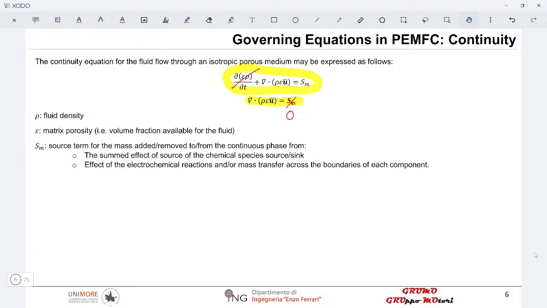Here we assume a source term for the mass, which means that mass can be created or destroyed. And at first glance, this is not a concept that can be accepted easily. I realize this. What does it mean that the fluid mass can be destroyed or created? We will understand it in a minute. So basically, this S_M term will be composed of the summation of the source terms of the species, so hydrogen, oxygen.